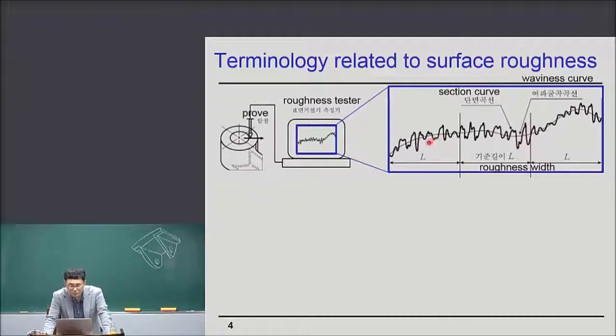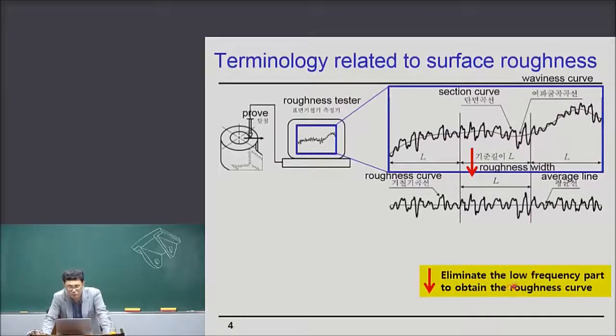But surface roughness is mainly focused on the high frequency shape, not the low frequency shape, right? So using a filter, you eliminate the low frequency part to obtain the roughness curve.